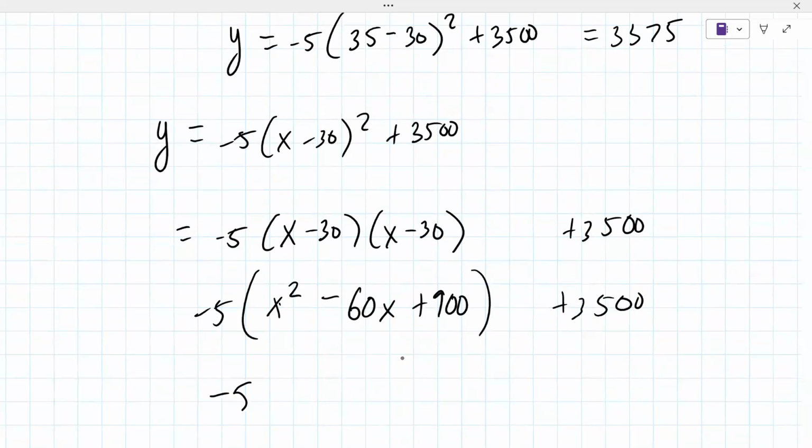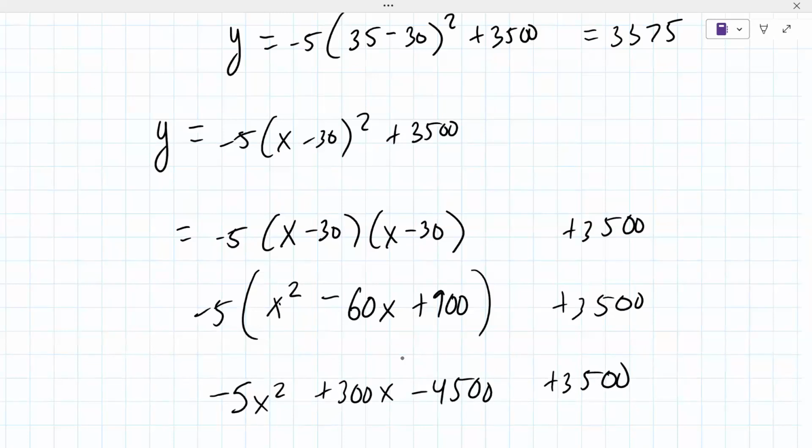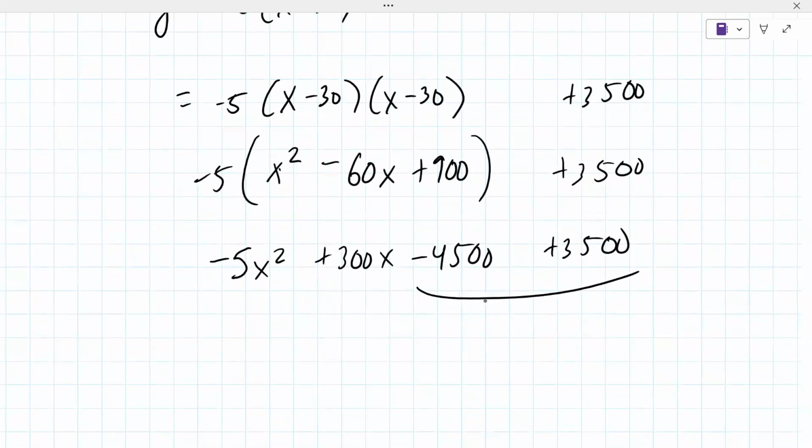So that's minus 5x squared plus 300x minus 4,500 plus 3,500. So again, you will combine like terms, and you'll be able to fill in those boxes.